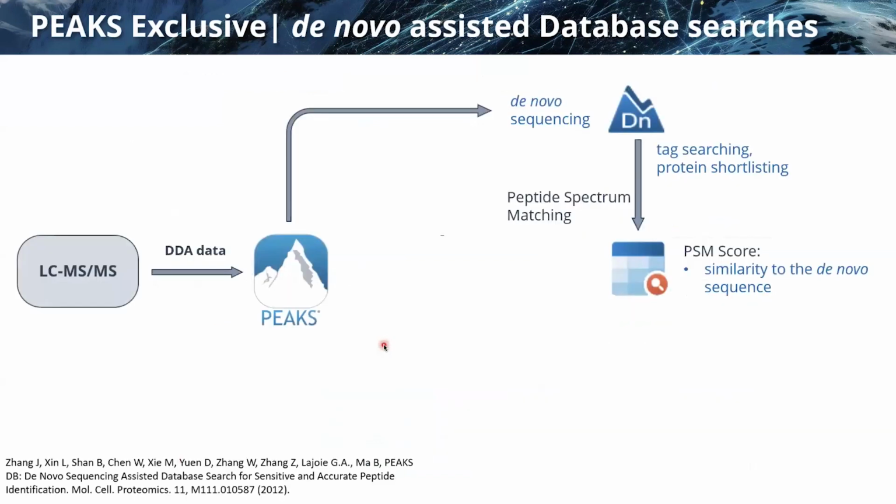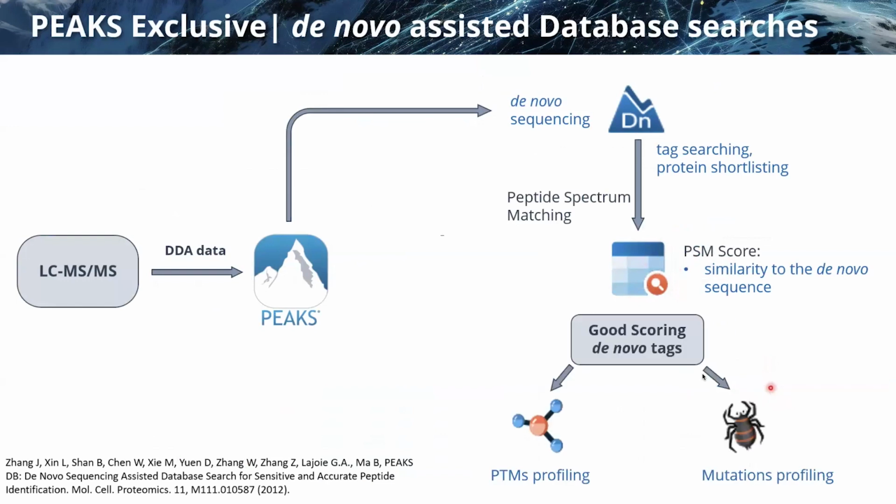And in addition to enhancing that peptide match confidence or the score, we also now have these partial sequencing tags, de novo tags, which essentially we can take advantage of and do some in-depth PTM and mutations profiling.